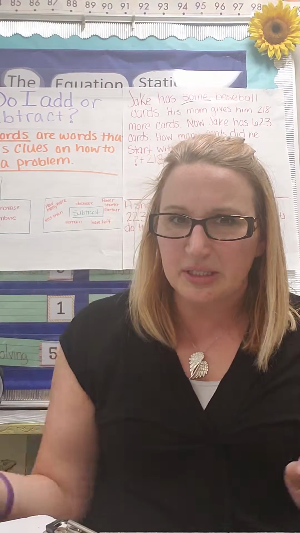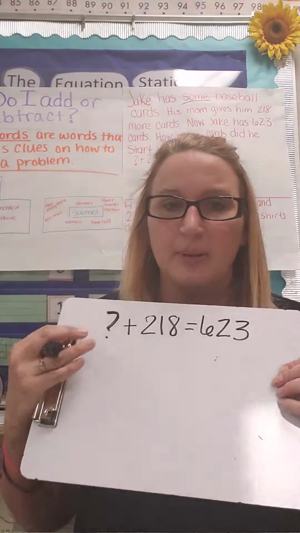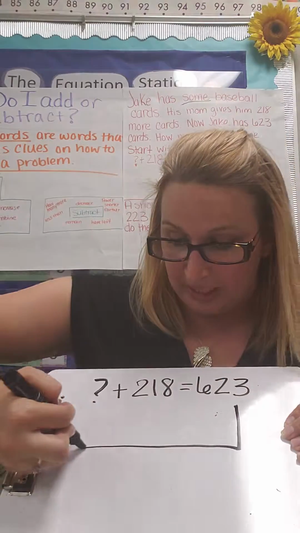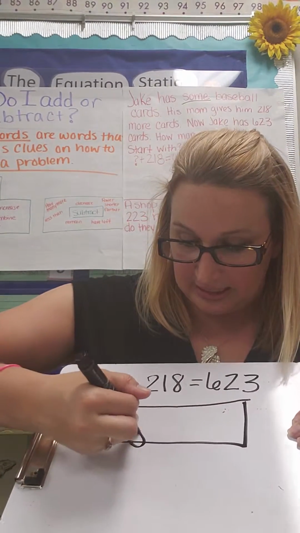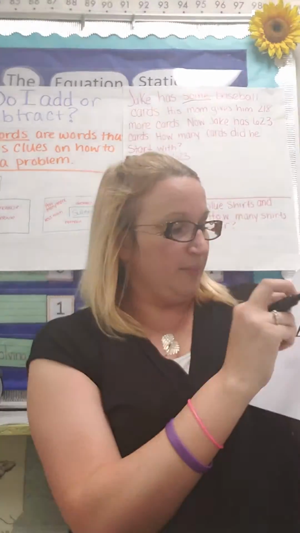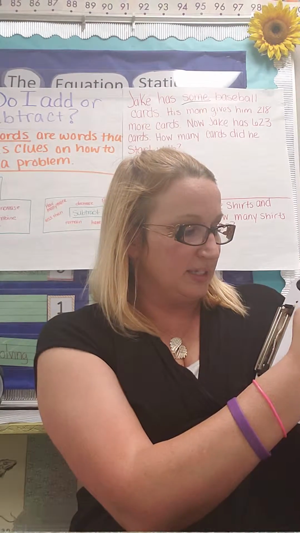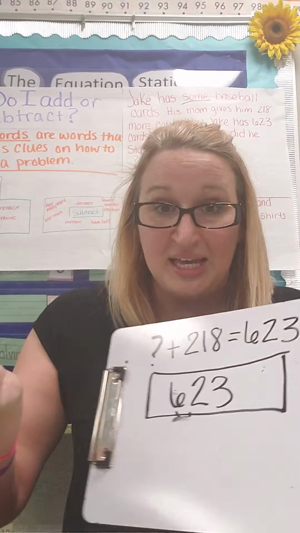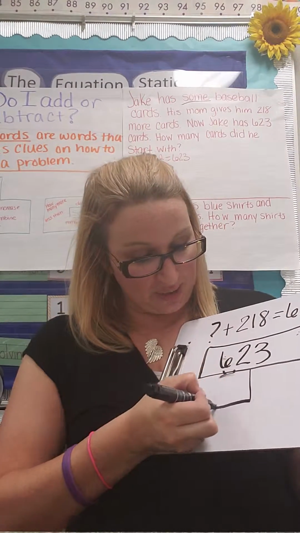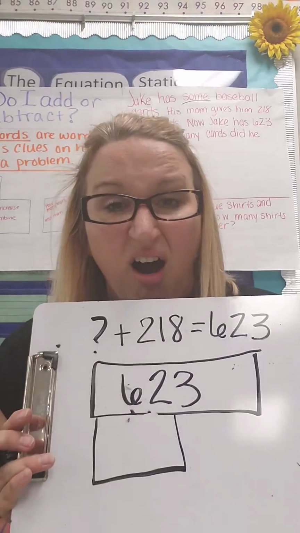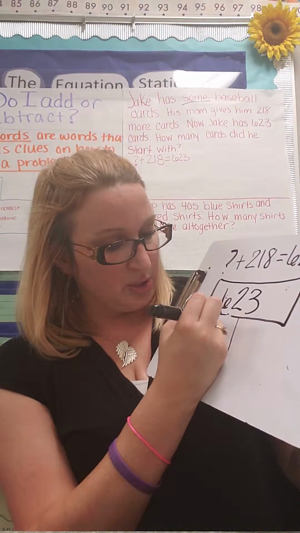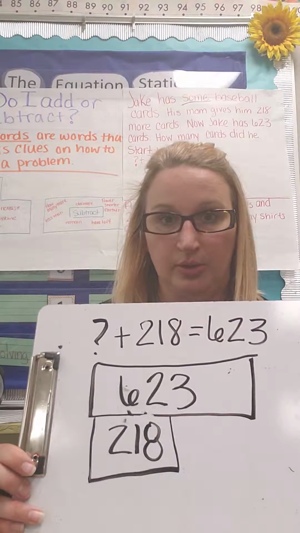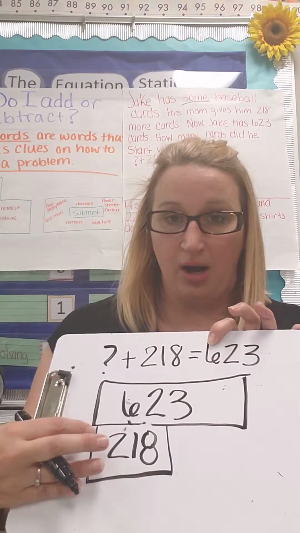So if I were to put this in a strip diagram, so here's my equation. I know my total is going to be my biggest number. 623 is going to be my total. Here, I know I have 218. That's the other part that's given.